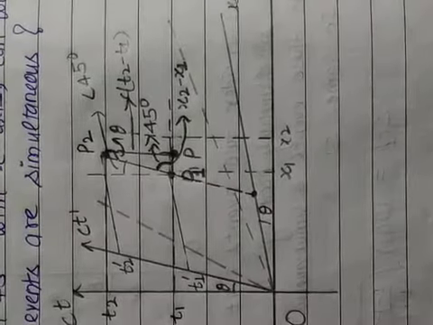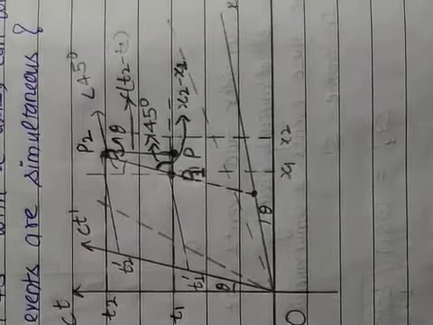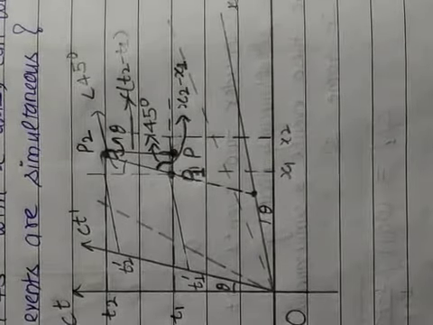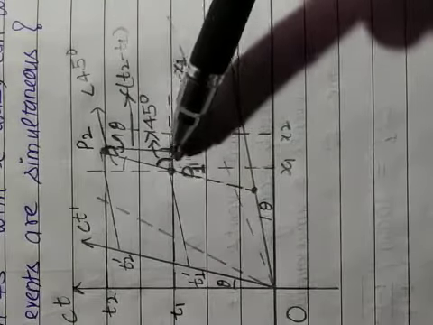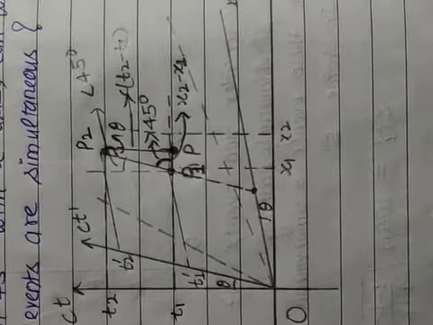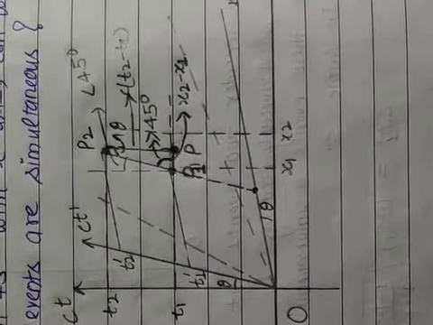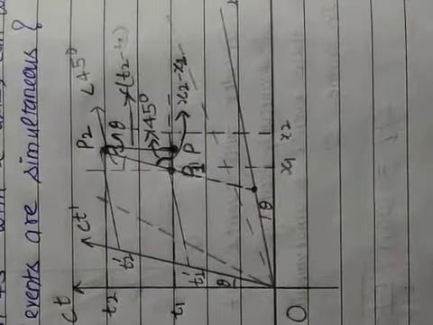Because this line makes an angle greater than 45 degrees, can we find a frame in which these two events, occurring at the two different points P1 and P2, are simultaneous?